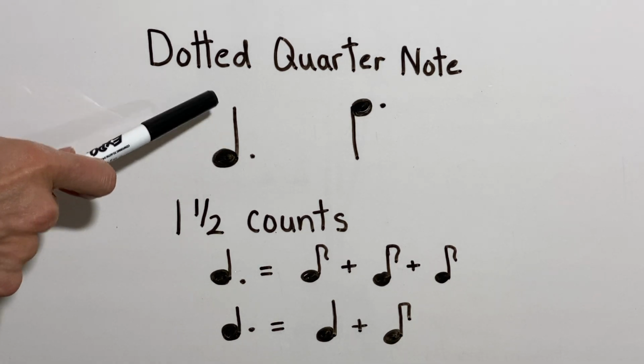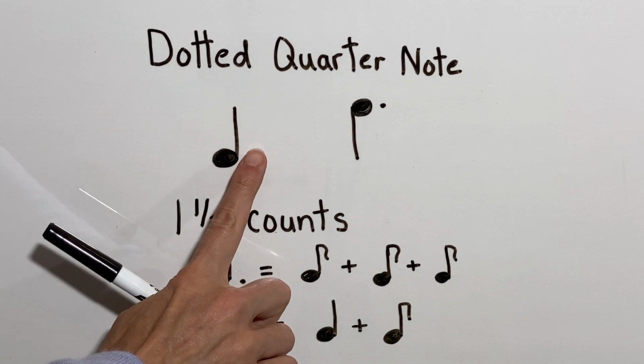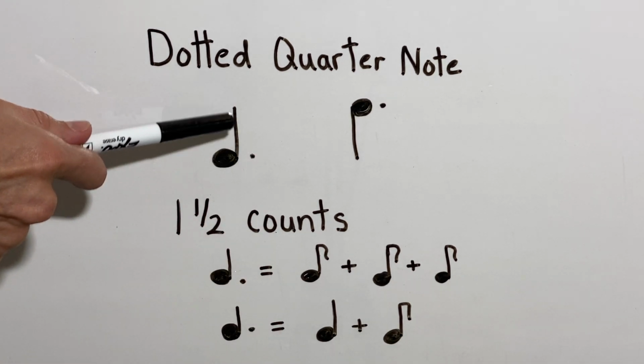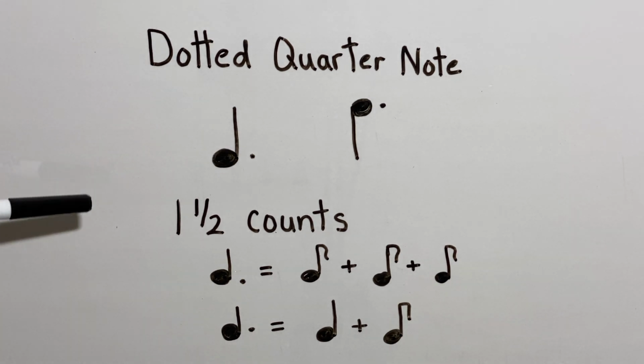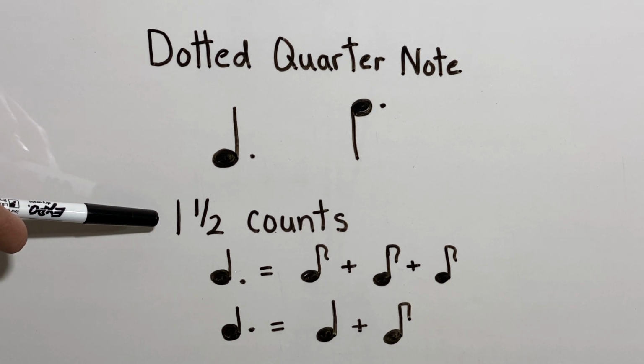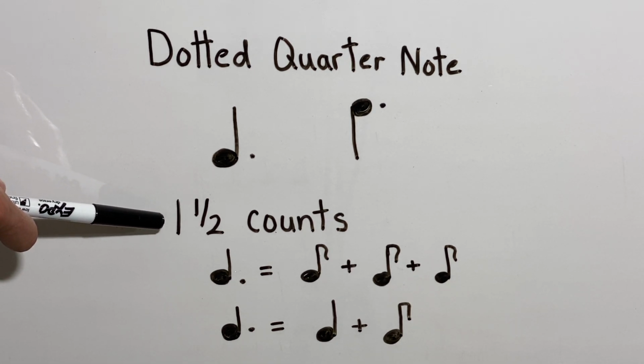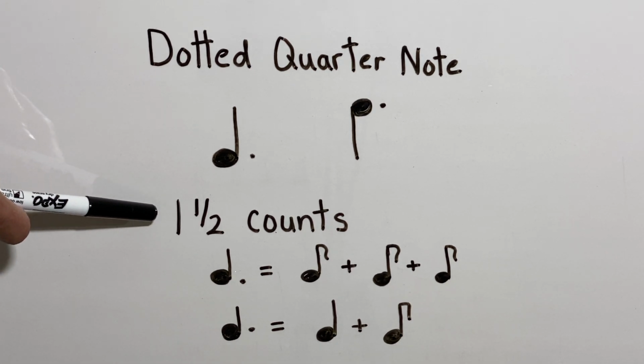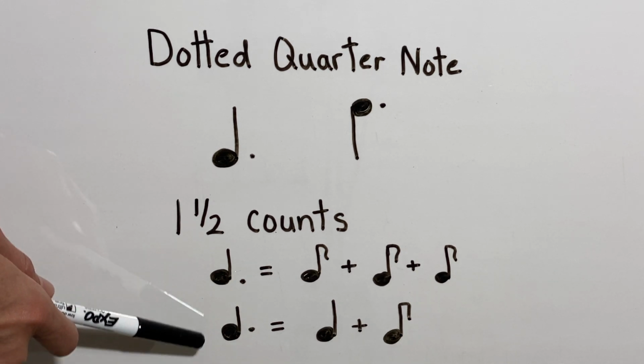The last note we're going to learn about is a dotted quarter note. You can see we have our quarter note. If I put my finger right here, we don't see the dot. We have our quarter note, we have our note head and our stem, and then we put a dot directly behind our note head. And that is what a dotted quarter note looks like. A dotted quarter note is going to be equal to 1.5 counts or beats. 1.5. Now, how does that work? Let's look down here.